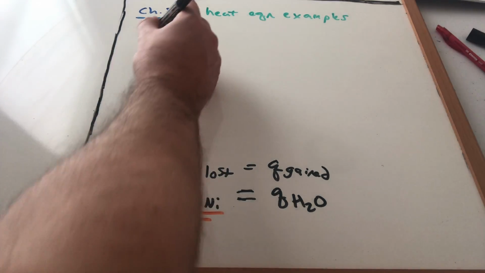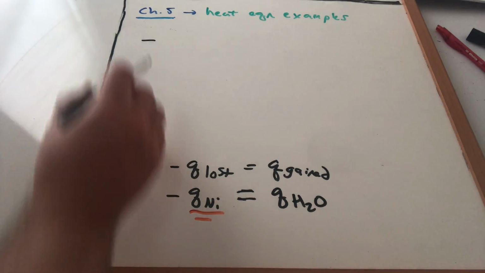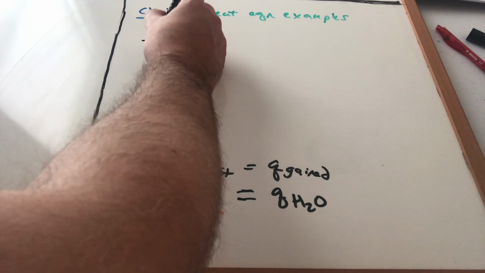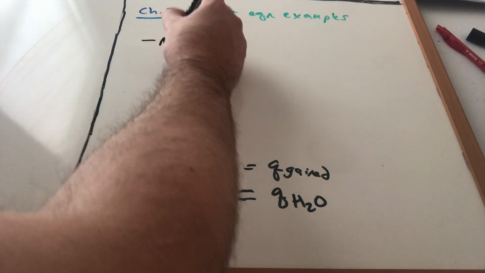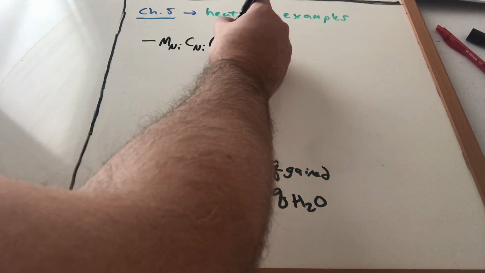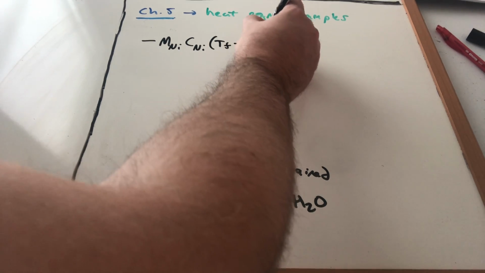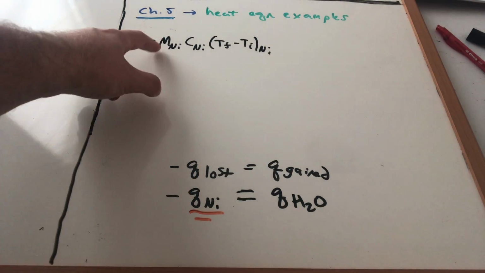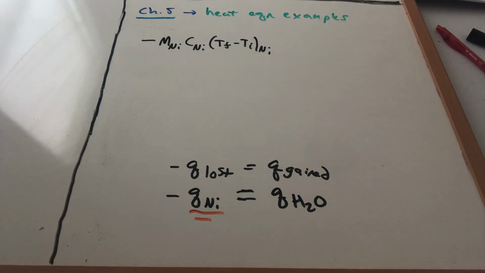On this side of my work, I can remember my minus sign out in front. And that C that's given for nickel has a grams in the denominator. So I can write this as minus the mass of nickel, C of nickel, T final minus T initial of nickel. Essentially, I can use Q equals MC delta T.